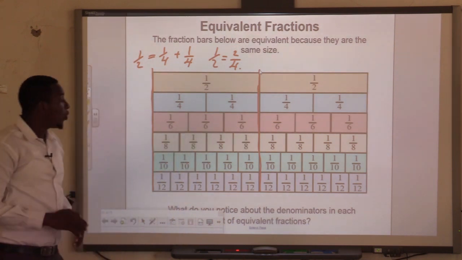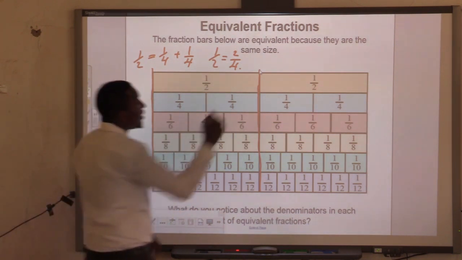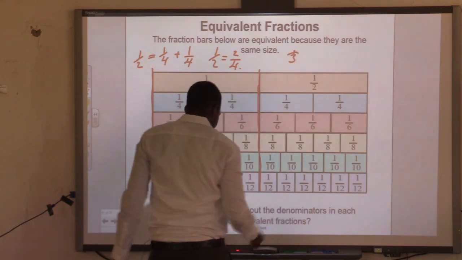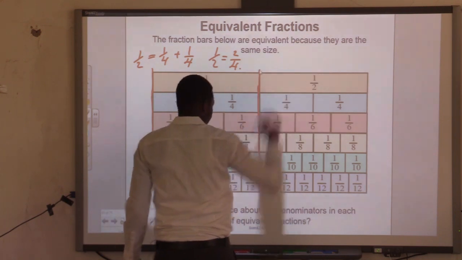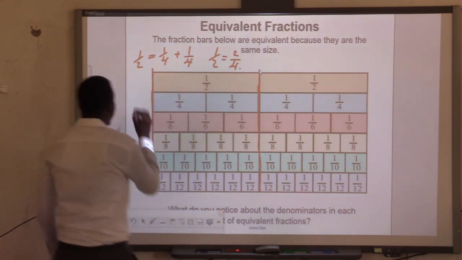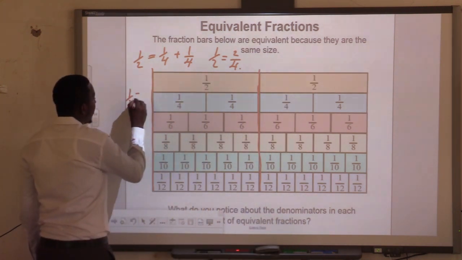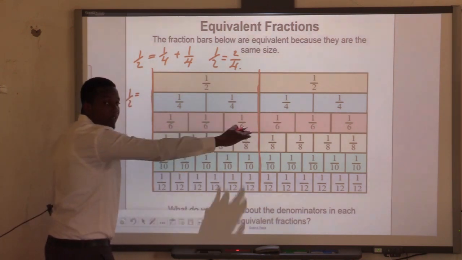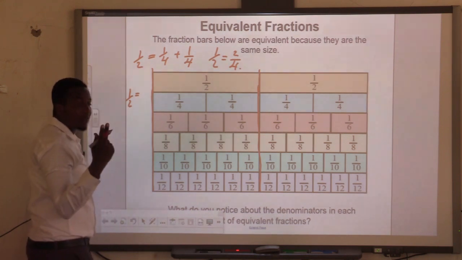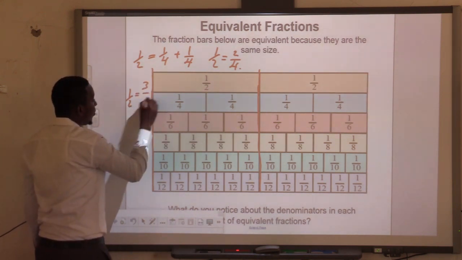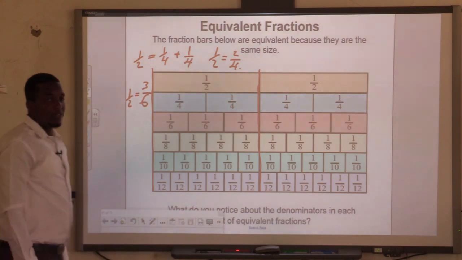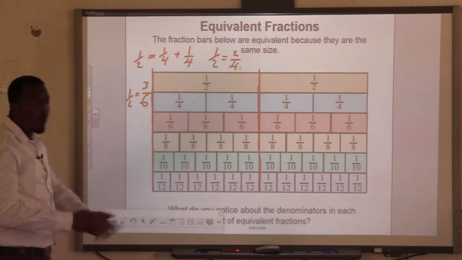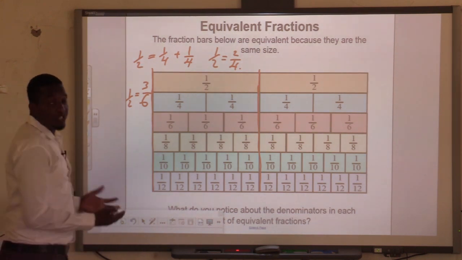So we can say that the half there is equal to how many 1/6? 3 1/6. So we're going to have 3 all over 6. So these two fractions are equivalent.